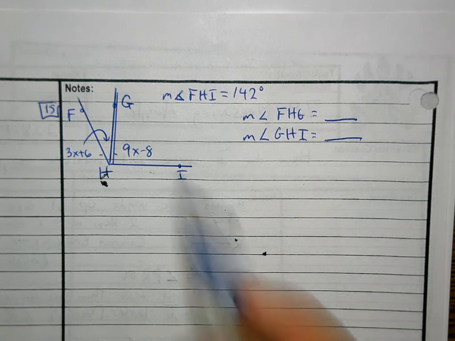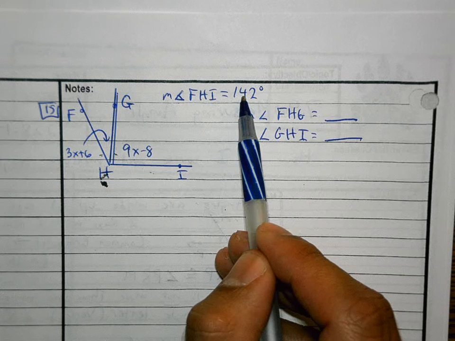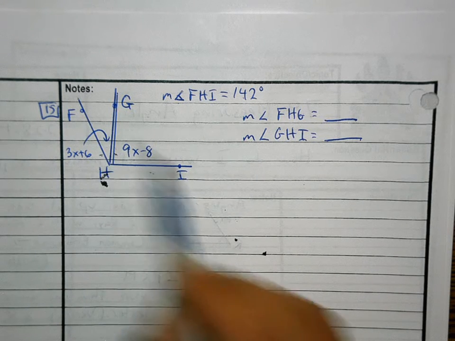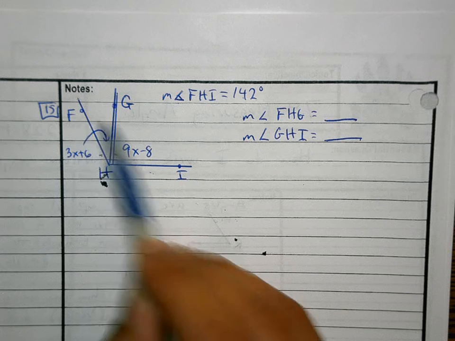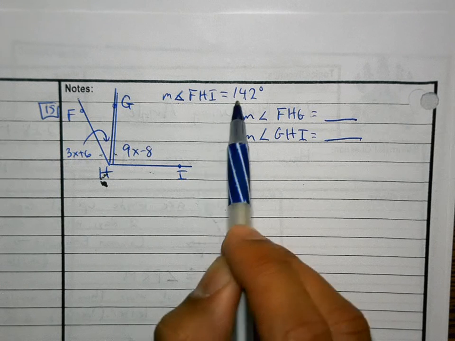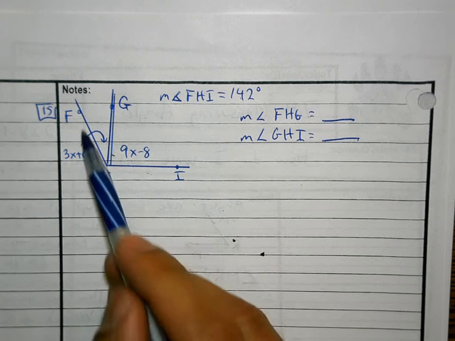If they tell you that FHI is 142, they're talking about the big angle from this side to this side is 142 degrees. This whole thing is 142.